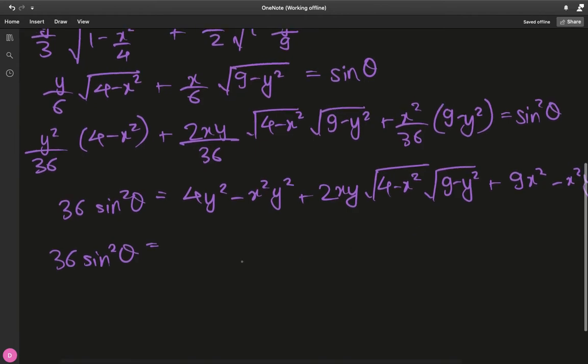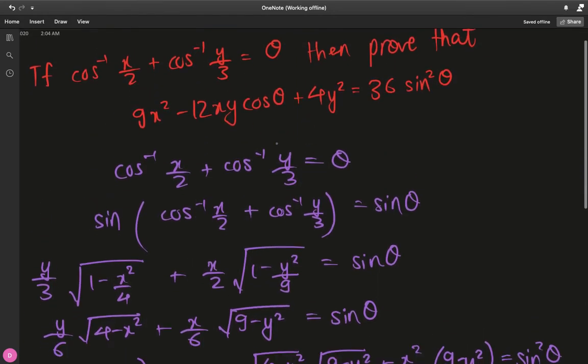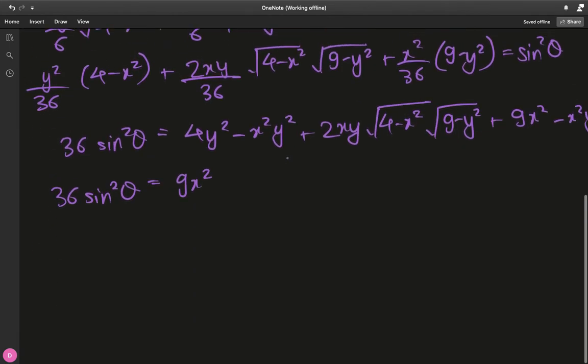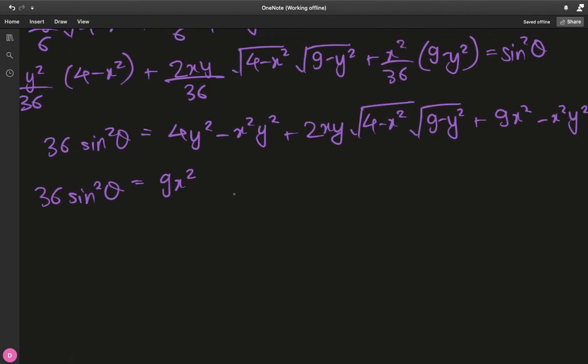So we have 9x squared, then we have this other expression of minus 2x squared y squared and then 2 here, which we can clearly factorize out.